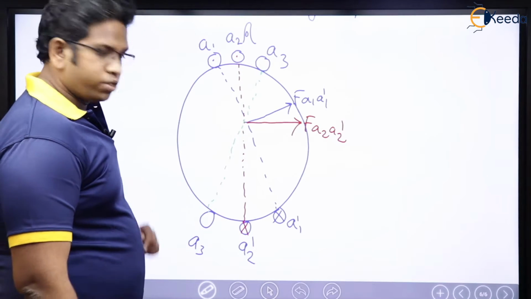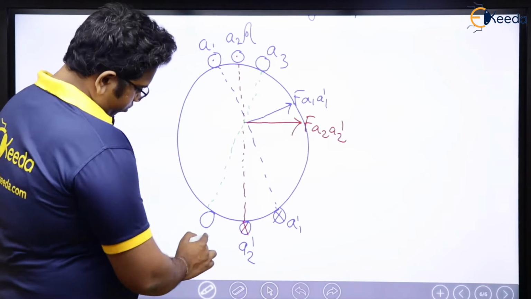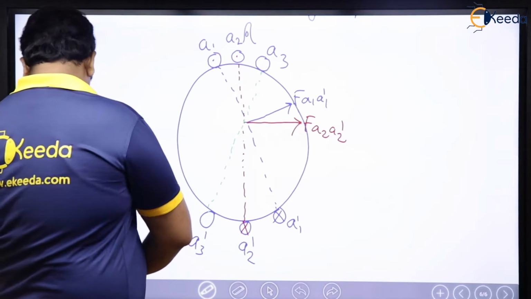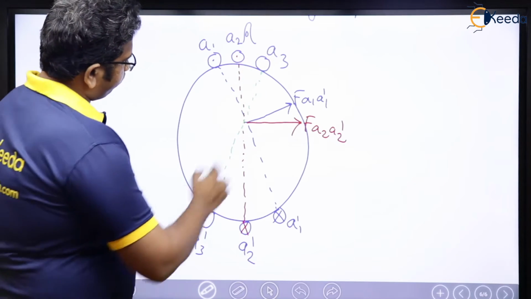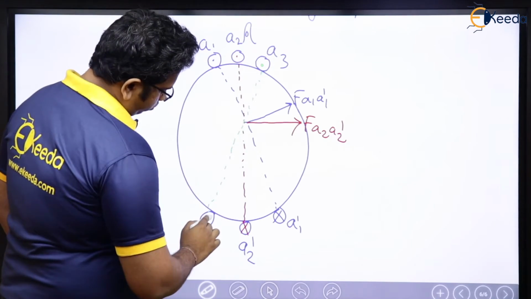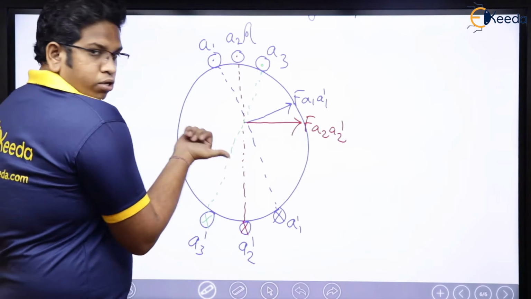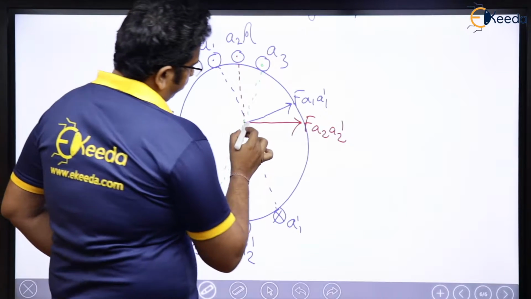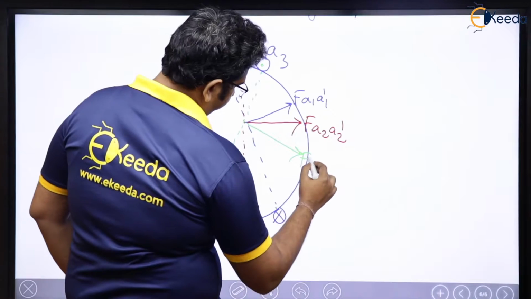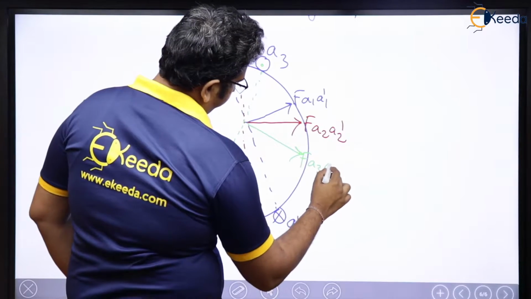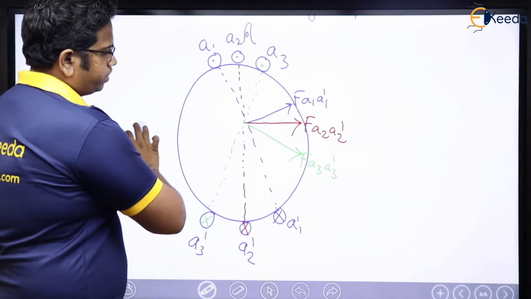Now next, let us think of A3, A3 dash. If you think of, this is dot as usual, this is cross as usual. So what is going to happen? Cross dot is going to be this way. So MMF is going to be this way, which is F A3 A3 dash, right? These are nothing but the phasors.